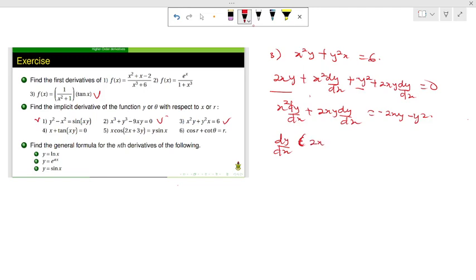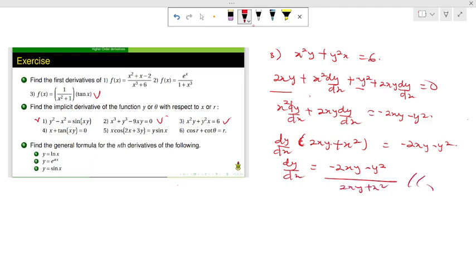So I'm having 2xy plus x squared, okay, plus x squared is the same thing. Negative 2xy minus y squared. Therefore, my dy over dx is equal to negative 2xy minus y squared all over 2xy plus x squared.